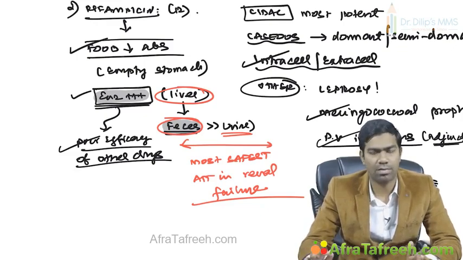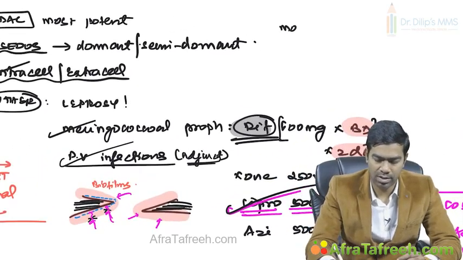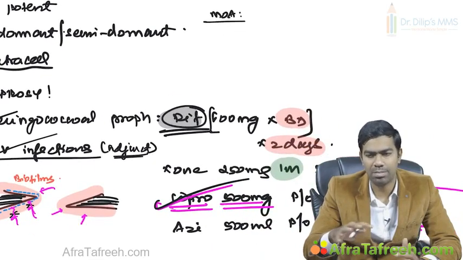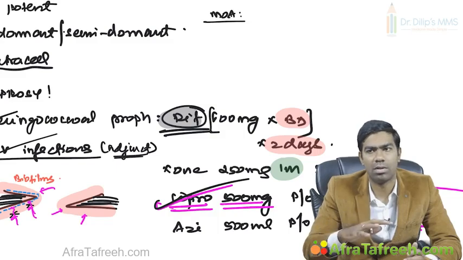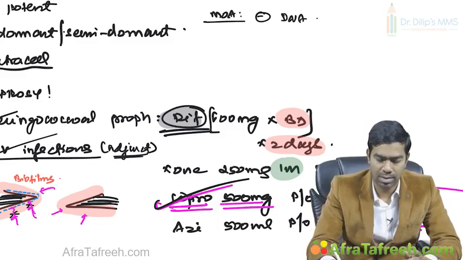We have discussed a lot of things, but we have not yet discussed the mechanism of action. The mechanism of action of rifampicin is simple. It's an inhibitor of DNA transcription, which means it prevents the formation of mRNA by inhibiting an enzyme called DNA-dependent RNA polymerase. Clear? DNA-dependent RNA polymerase.